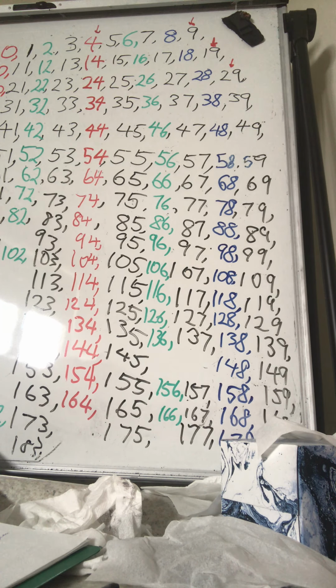And we want numbers that are both not multiples of 3 and not multiples of 2. So 29 is not a multiple of 3 and it's not a multiple of 2. We just showed that.